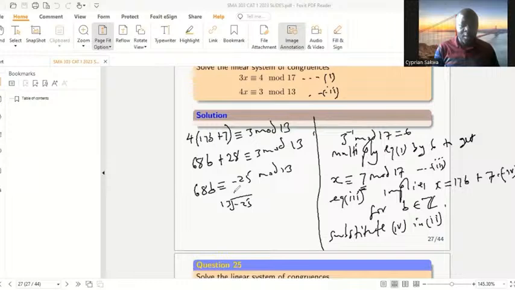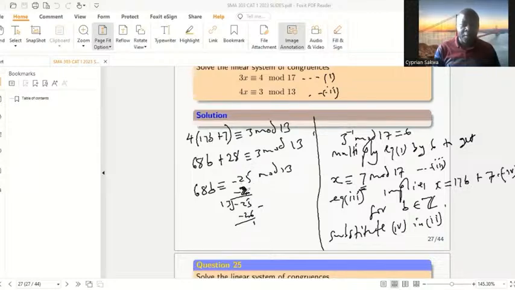Negative 2 times gives negative 26, then we add 1.